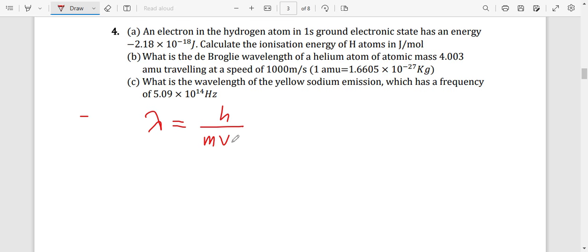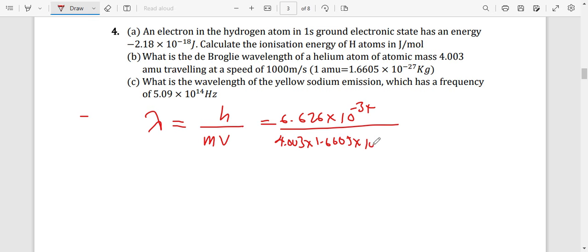Planck's constant 6.626 times 10 to the power negative 34 divided by mass, which is 4.003 multiplied by 1.6605 times 10 to the power negative 27, and then multiplied by velocity, traveling at 1000. Let's see what we get.